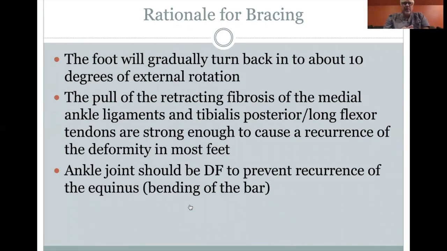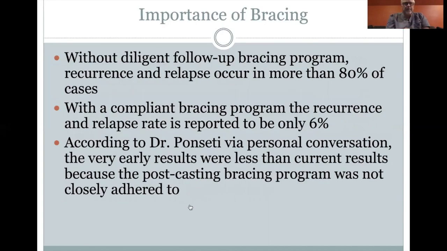The foot will gradually turn back to about 10 degrees of external rotation. The pull of the retracting fibrosis of the medial ankle ligaments, the posterior tibial and long flexor tendons are strong enough to cause recurrence of the deformity in most feet. And the ankle joint, like I said, should be dorsiflexed to prevent recurrence of the equinus, and that's where you should have a bend in the bar.